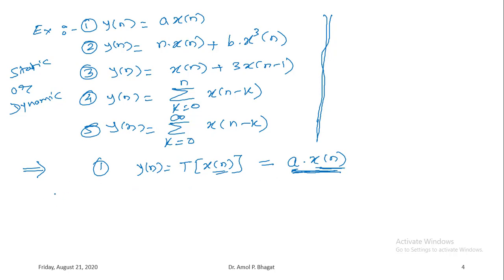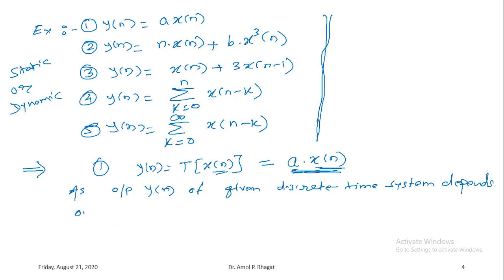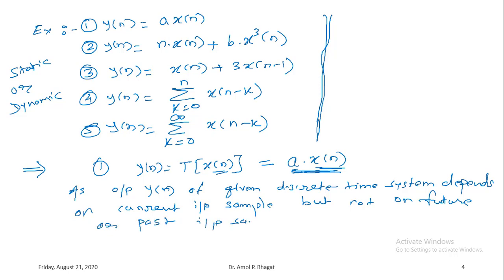So here you will specify that the output y of n of the given discrete time system depends on the current, or you can say present, input sample, but not on future or past input samples.